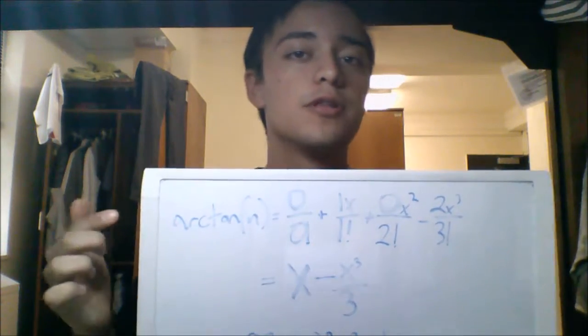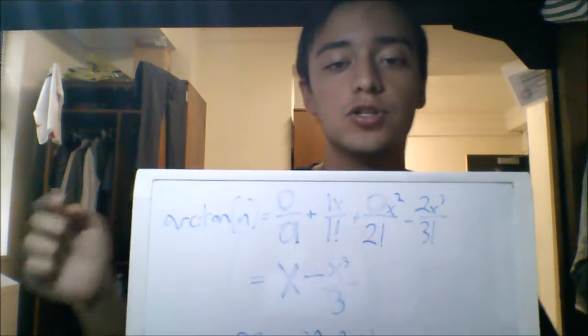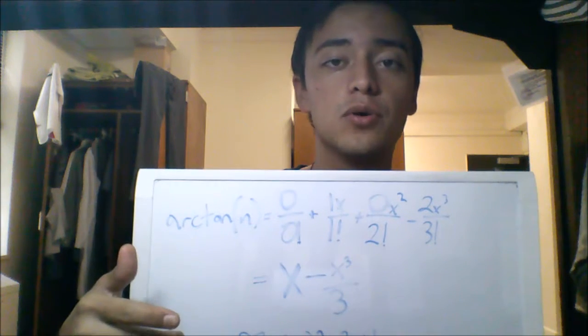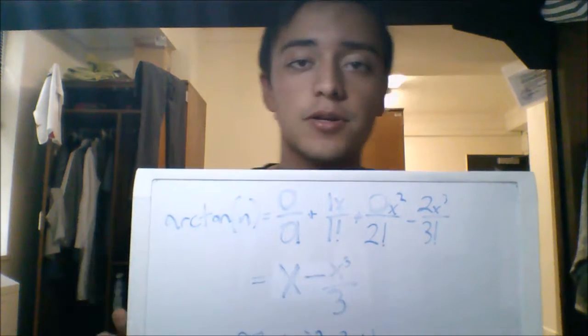As we continue through the Taylor series, we can find that this is the equation that we're going to have. So we end up with x minus x cubed over 3. And if we were to continue going through the Taylor series, we would continue to see a pattern very similar to this.